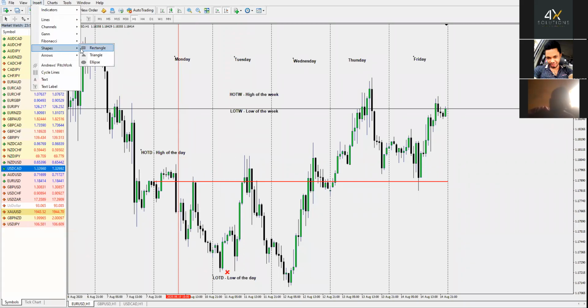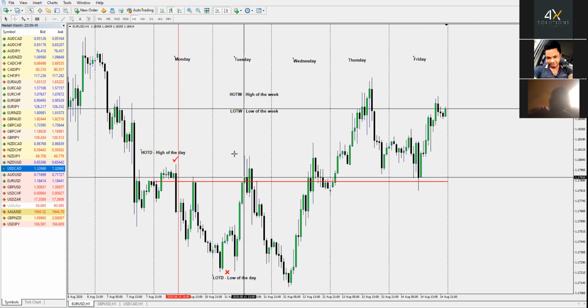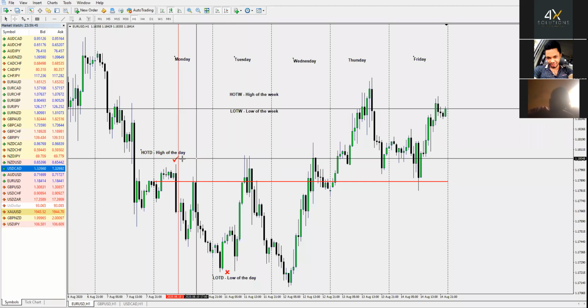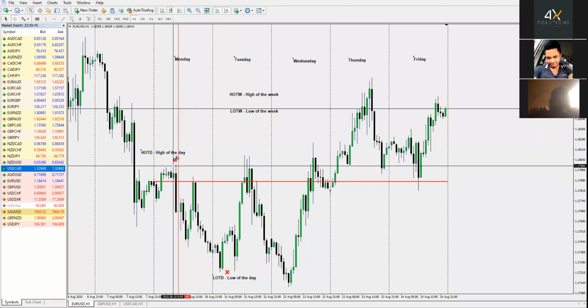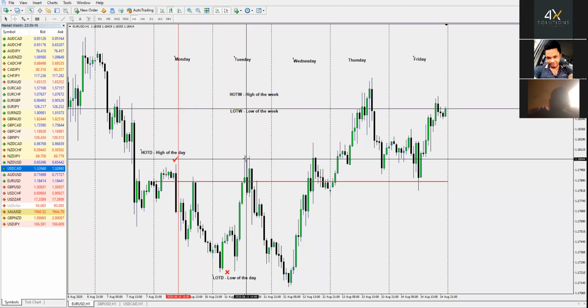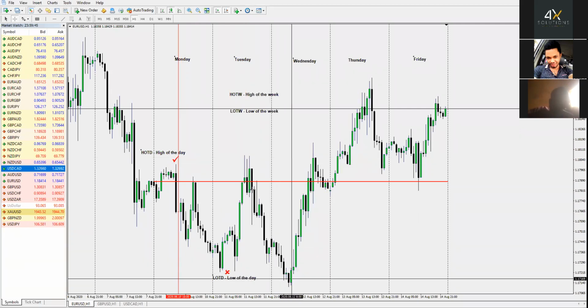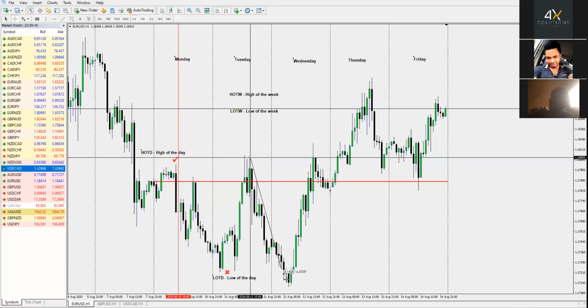So this point of liquidity has been taken over here on Tuesday, because this is Tuesday. Okay, so when Tuesday comes, it takes the liquidity of the high of the day and runs it down. Okay, so this is the run on liquidity over here. So this run on liquidity is about 92 pips. Okay, so this yesterday was the low of the day for Tuesday, sitting over here.